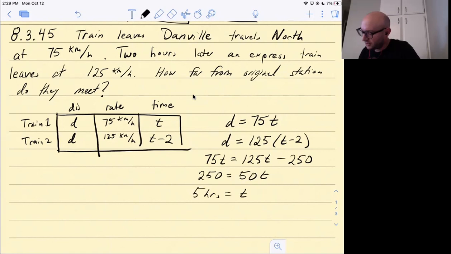And then plugging in to find the distance, it's equal to 5 hours times 75 kilometers per hour. And then 5 times 75 is, what would that be? 5 times 75 is, 5 times 70 is... 375?